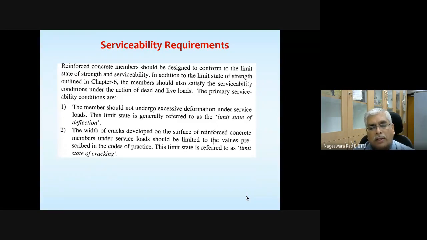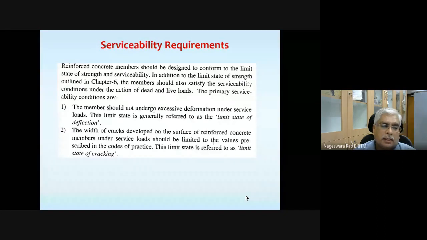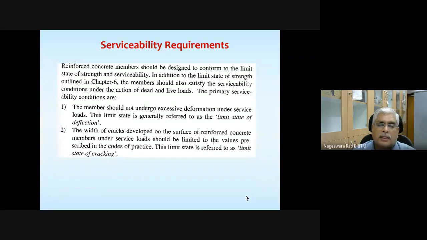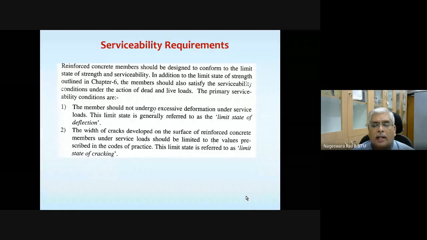We also looked in yesterday's class at some reinforcement detailing. Once you get area of steel, how you are going to detail, some clauses related to that we have looked at. And we also noted that there are some clauses in IS 456 specifying maximum spacing of the reinforcement bars and also minimum area of steel and other things.